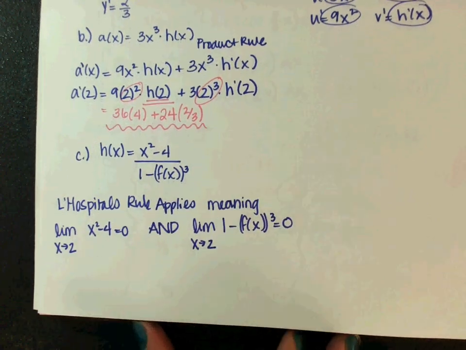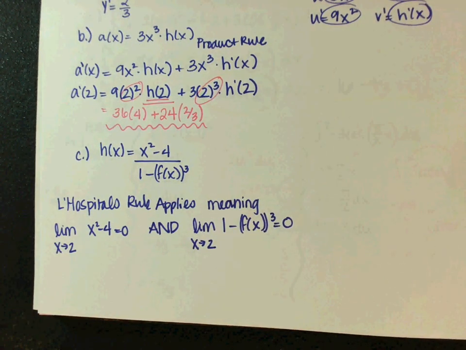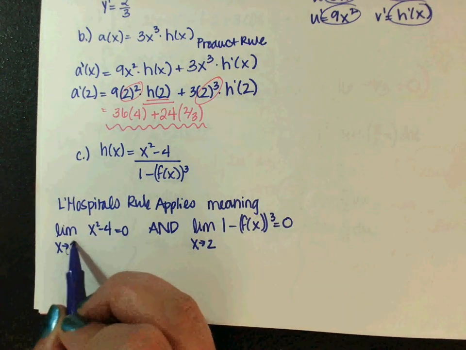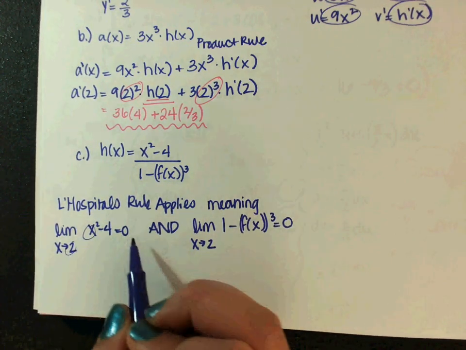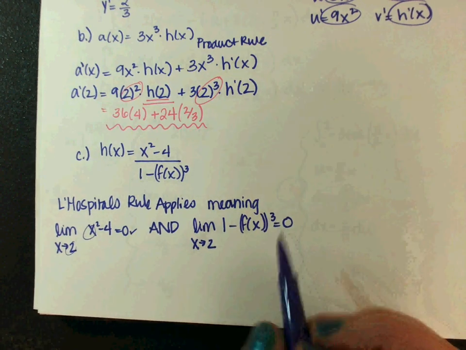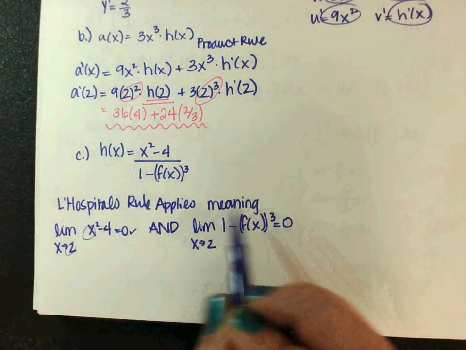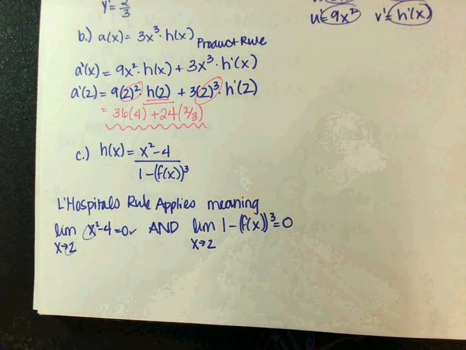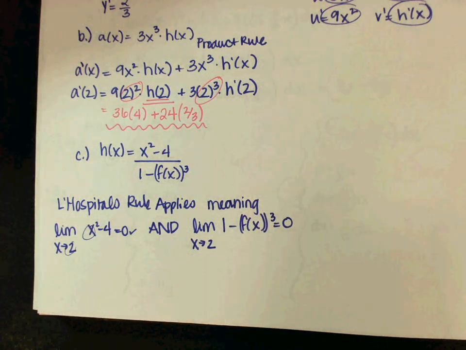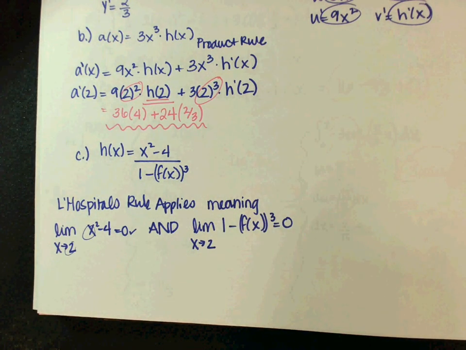Remember, that's the first step for you to use L'Hopital's rule, and they're telling me that I can use it. Now, obviously the top makes sense. I take my 2, I plug it in, 2 squared minus 4 is 0, check. But I know that down here I can use this information to solve for what my f of x has to be, which is one of the two things that they asked me to find.